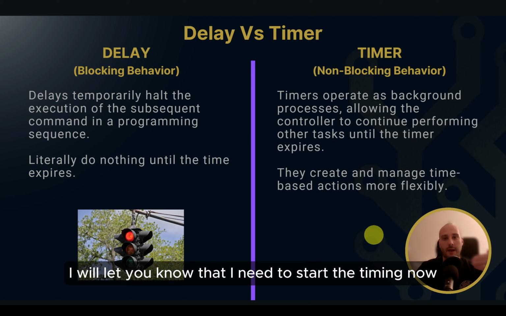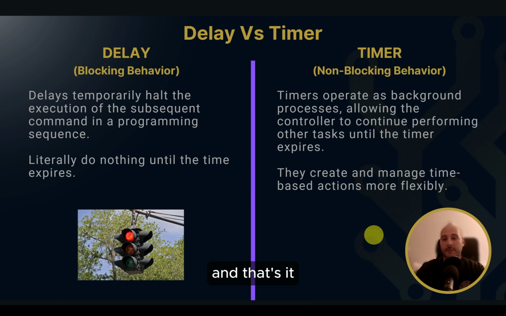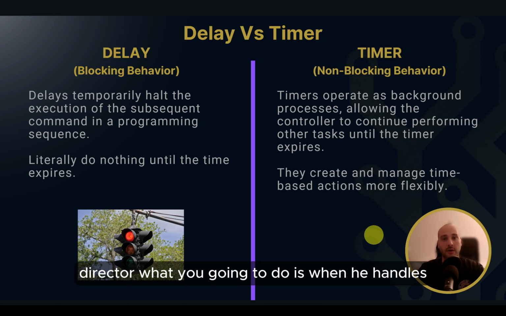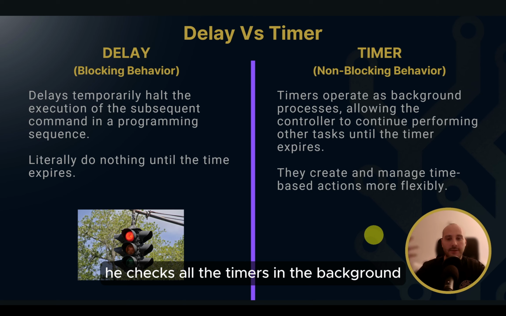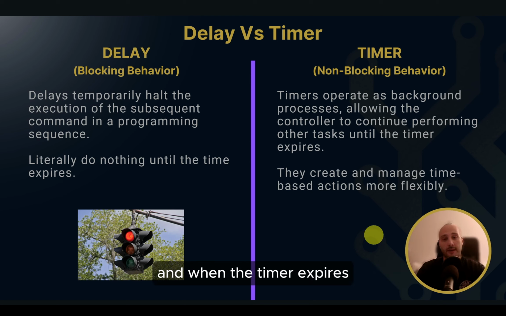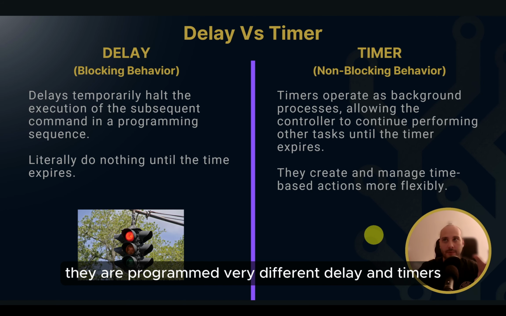I let you know that I need to start the timing now, and that's it. Director checks all the timers in the background, and when the timer expires, it's going to come back with the next part of the programming. That's why in the programming, delays and timers are programmed very differently.